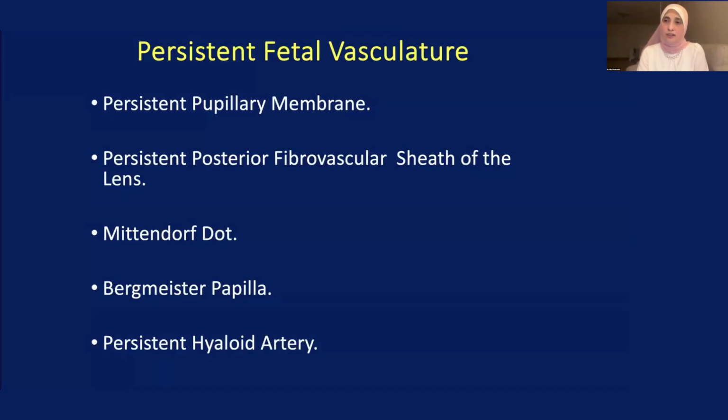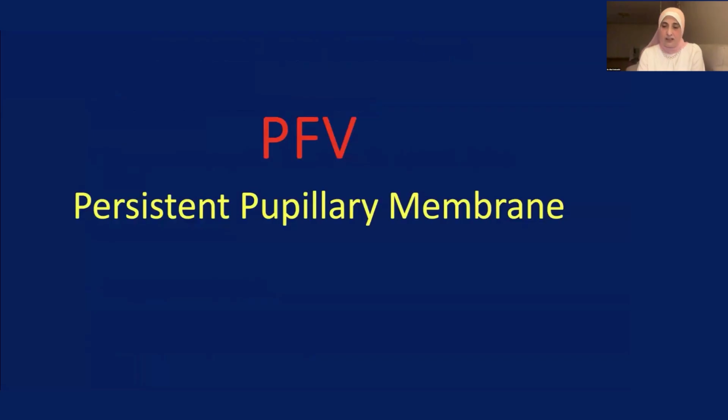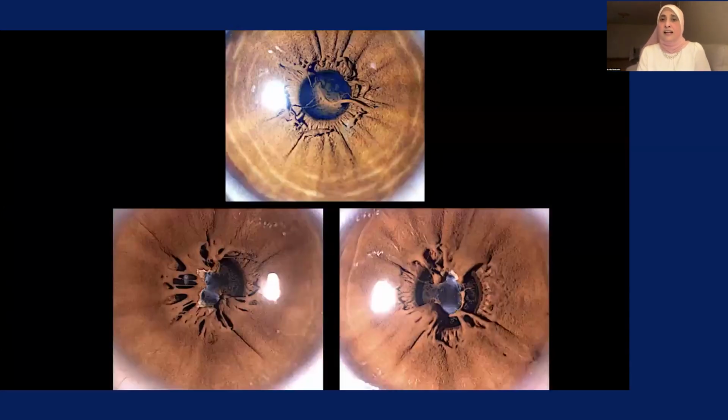And if only the posterior part of the hyaloid artery persists, this is called Bergmeister papilla. However, if the hyaloid artery extending from the disc to the posterior surface of the lens persists, this is called persistent hyaloid artery.